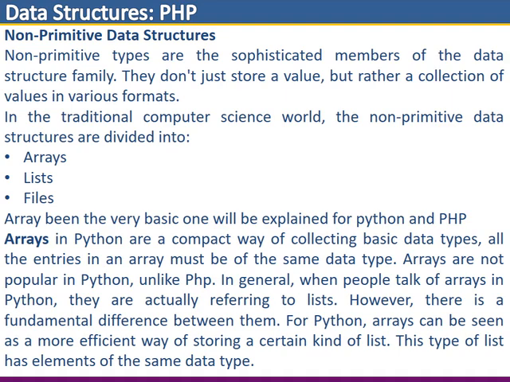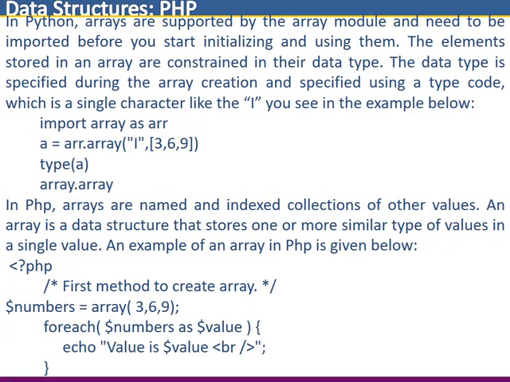In general, when people talk of arrays in Python, they are actually referring to lists. However, there is a fundamental difference between them. For Python, an array can be seen as a more efficient way of storing a certain kind of list, and this type of list has elements of the same type.